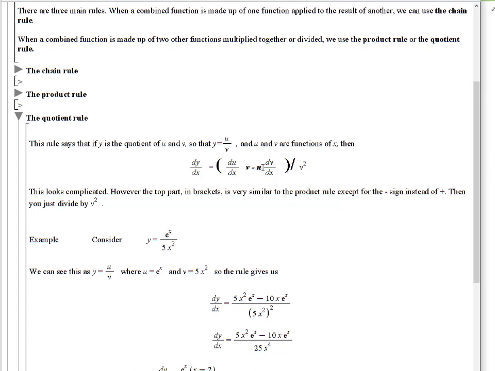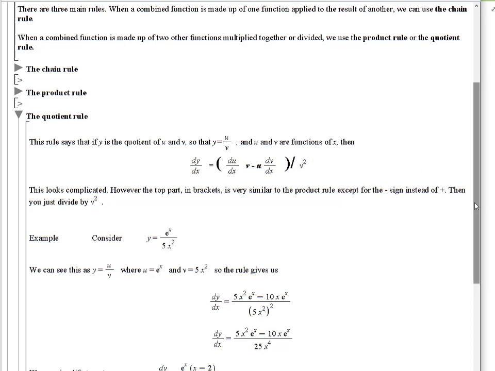And then when you have finished doing this, then you divide by v squared. So it's not actually that bad.